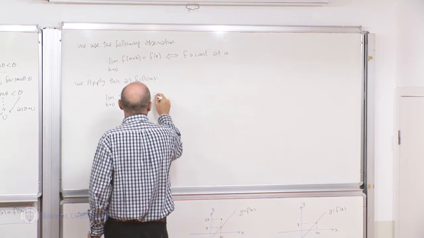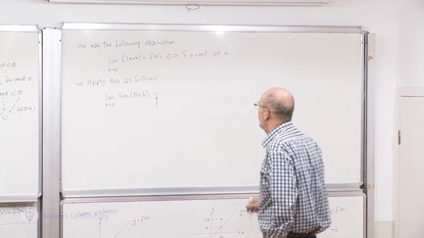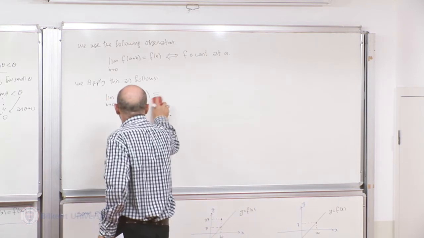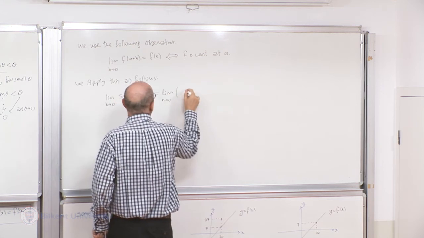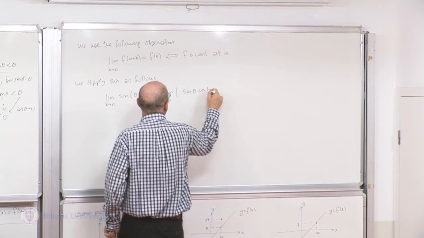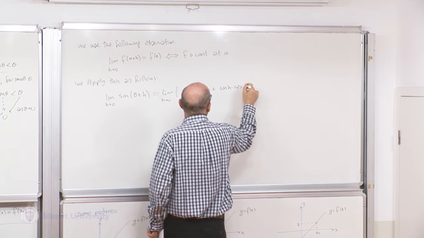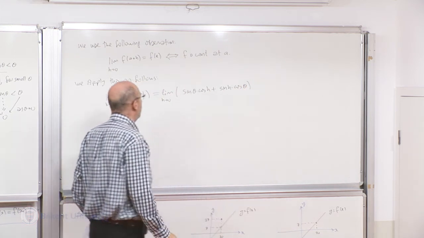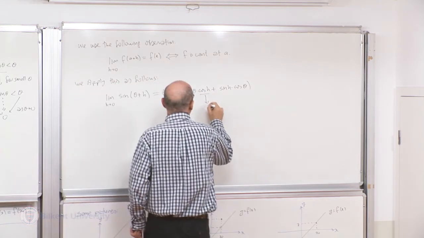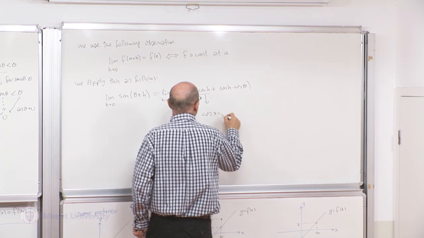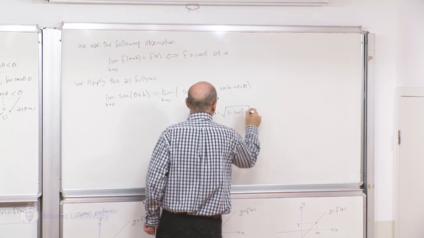Okay, so this is what I have to calculate: the limit as h goes to 0 of sine theta times cosine h plus sine h times cosine theta. Okay, so here I know that cosine x is equal to the positive square root of 1 minus sine squared x.